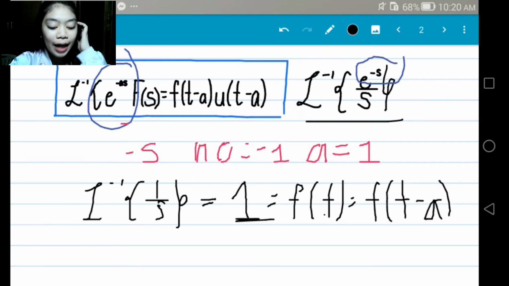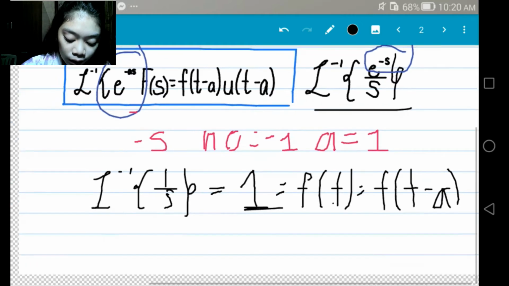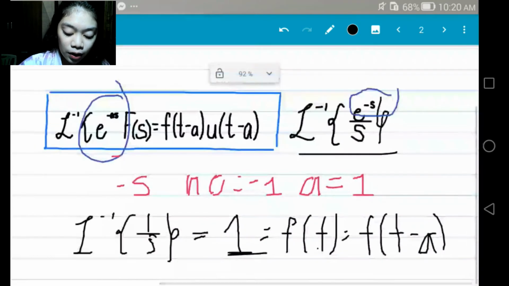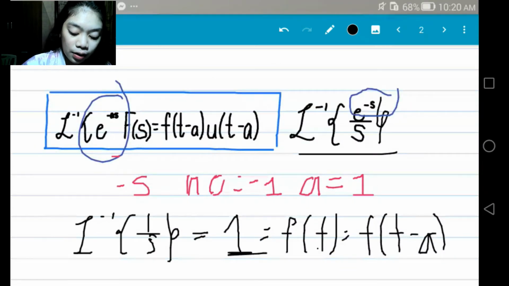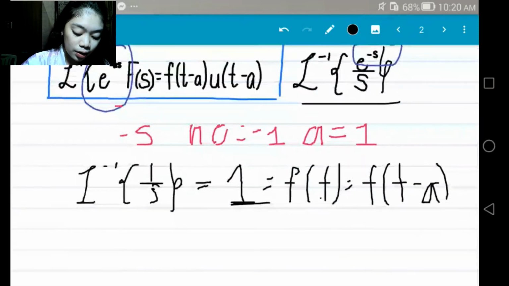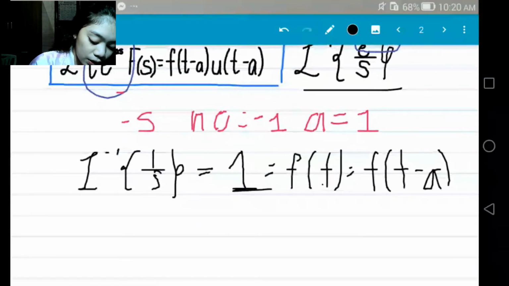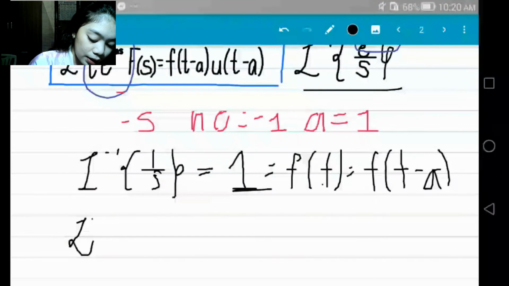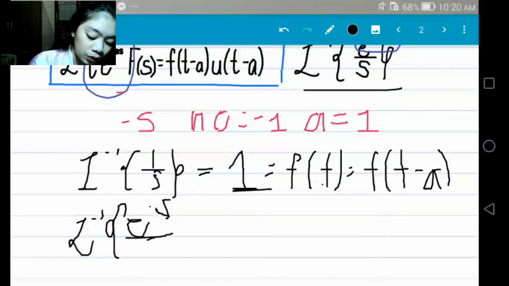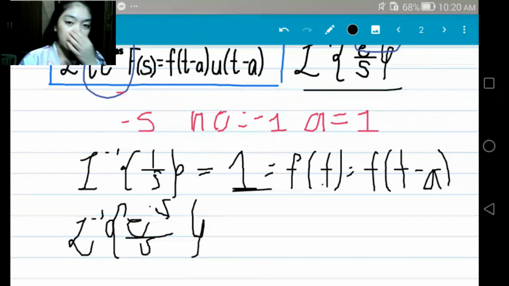Okay? Now, we just have to put all this in the equation. So let me just copy the whole equation here. We just have to get the Laplace inverse of e raised to negative s over s.